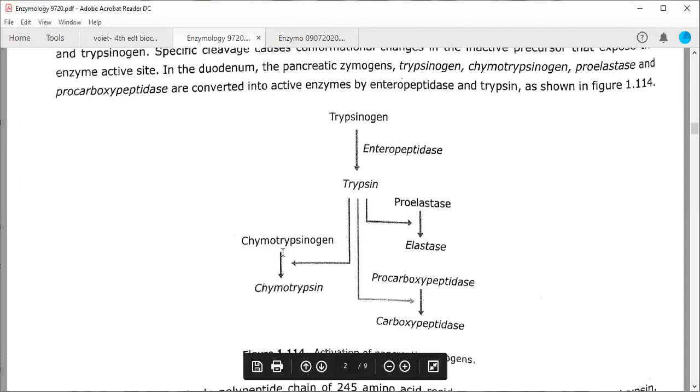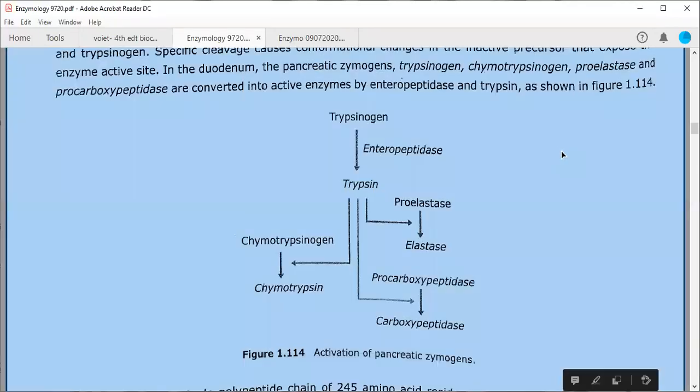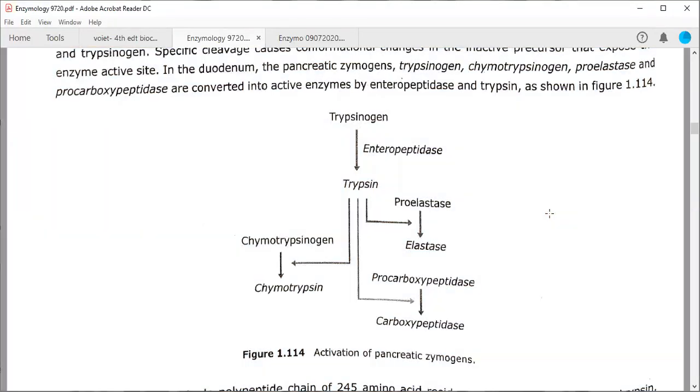For example, chymotrypsinogen will be converted into chymotrypsin. Proelastase will be converted into elastase. Procarboxypeptidase will be converted into carboxypeptidase with the help of trypsin only. So trypsin and enteropeptidase convert all the zymogens into the active form, but mostly trypsin works in the conversion of these three.